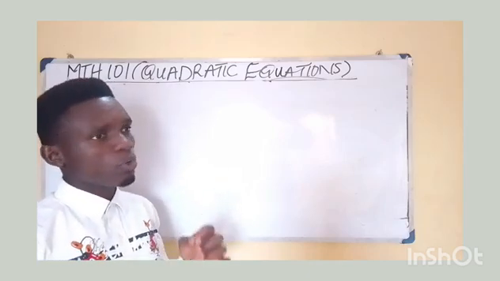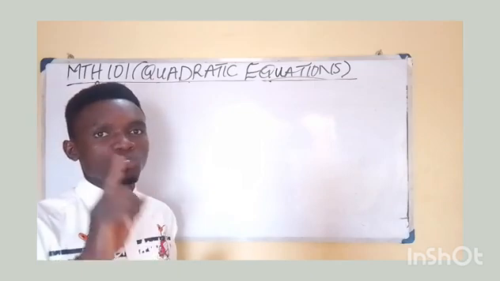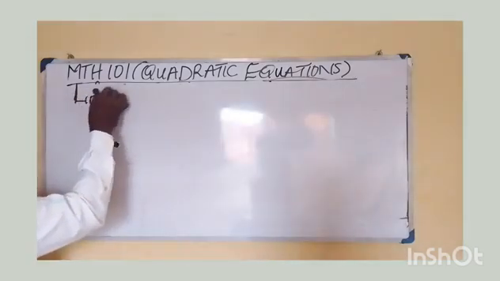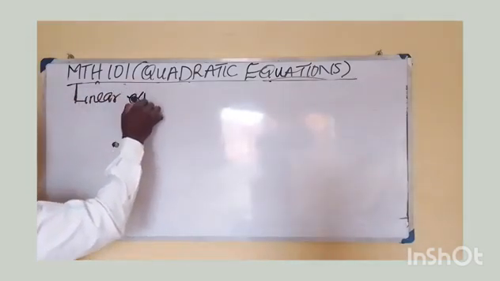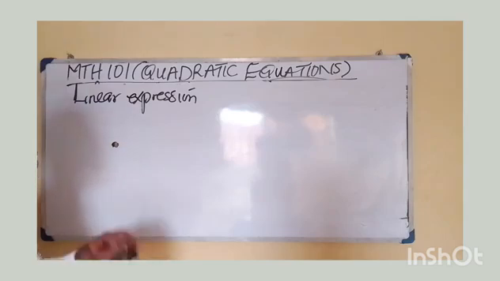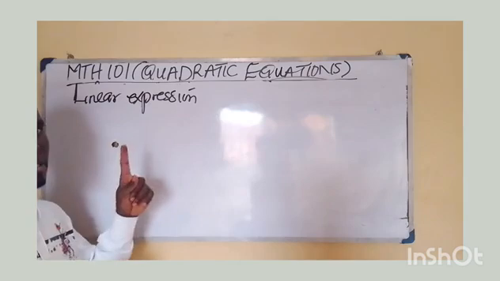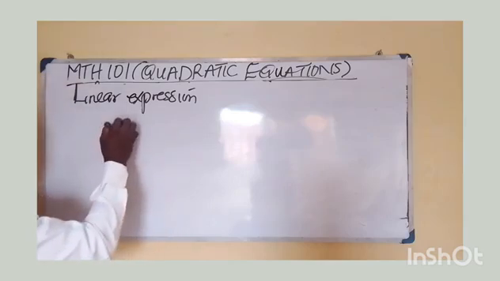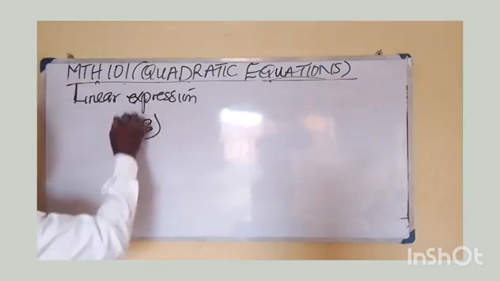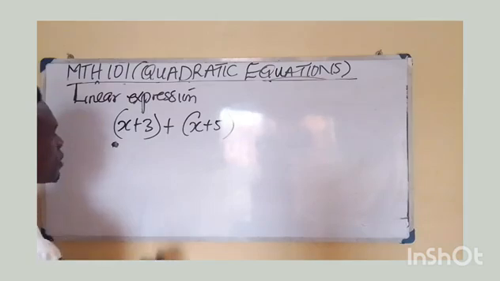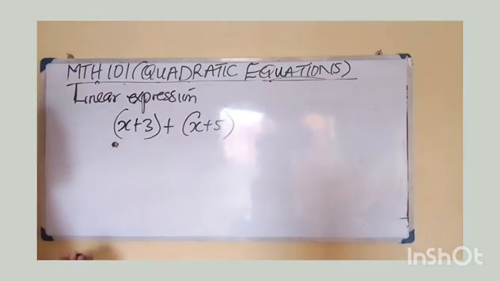A type of equation in which the highest power of x is 1 is called a linear equation, or linear expression. What I have here, if I have x plus 3, then maybe x plus 5, is called a linear expression.